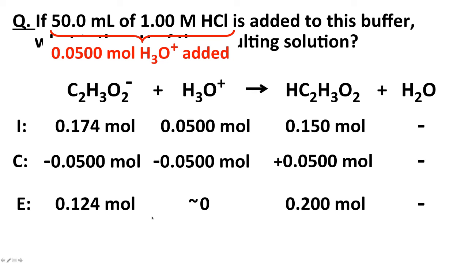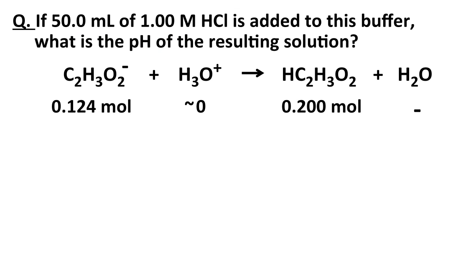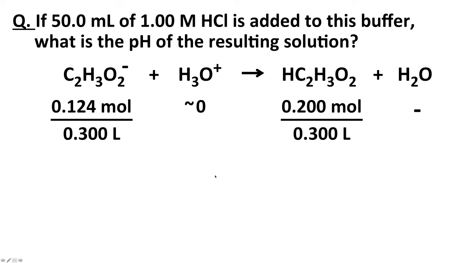So notice we still have some acetate left. Notice we now have more acetic acid, but we still have some of both of the weak acid and its conjugate base. So we still have a buffer. And we can still use the buffer equation, but we should maybe also note that by adding 50 milliliters of solution to 250 milliliters of solution, we now have 300 milliliters of solution, or 0.3 liters.